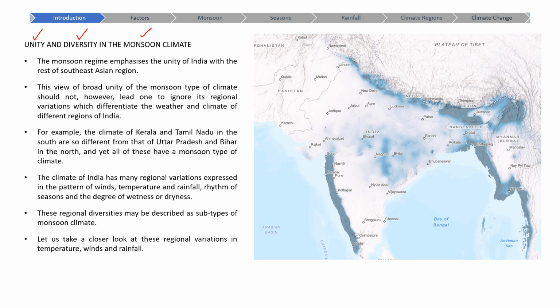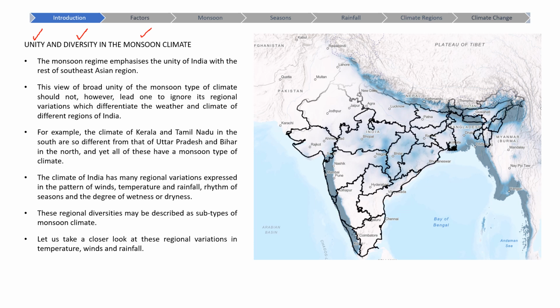How is the unity? What is the unity? The unity is, if you see India, the whole system is highly dependent on the monsoon winds which come from southwest to northeast direction. So this is the unity. This landmass is getting 4 to 5 months of rain time.